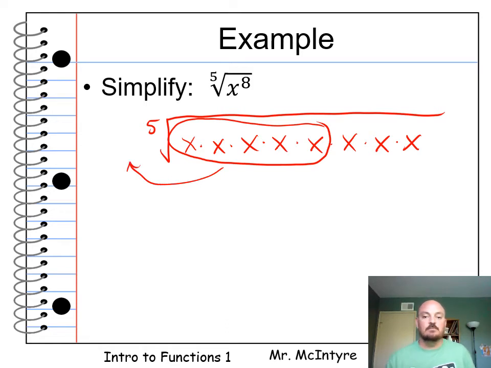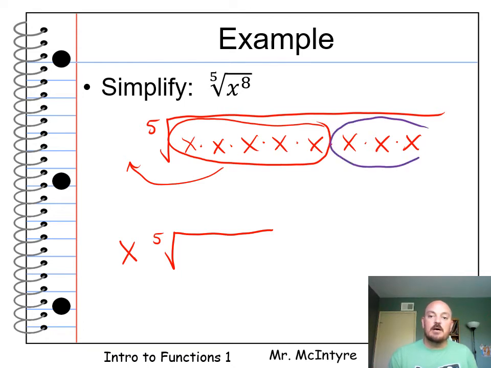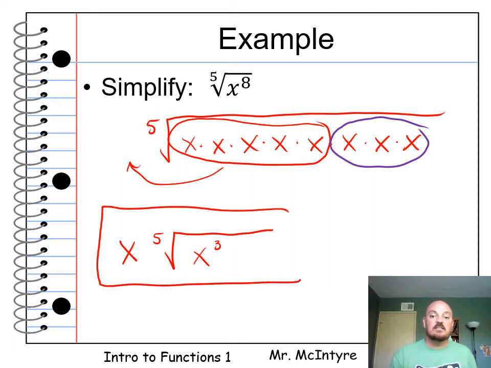Pull that out front. So that gives me 1 x out front. And then what's left over on the inside, just count them up. 1, 2, 3 x's. That would be x to the 3rd power. And that's my answer, x times the 5th root of x cubed.